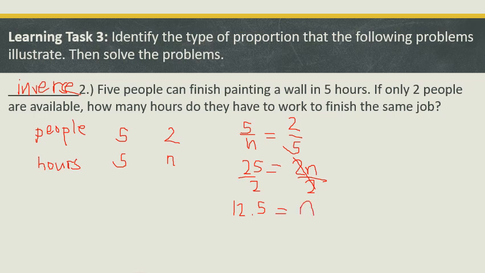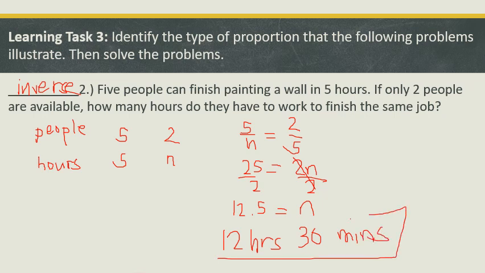Ibig sabihin, kapag dalawa lang yung tao, matatapos yung kanilang pagtatrabaho sa loob ng 12 hours, at 0.5, kalahati ng isang oras, so 30 minutes. Dyan po matatapos nila kasi dadalawa lang sila. Ang haba, di ba? 12 hours matatapos.